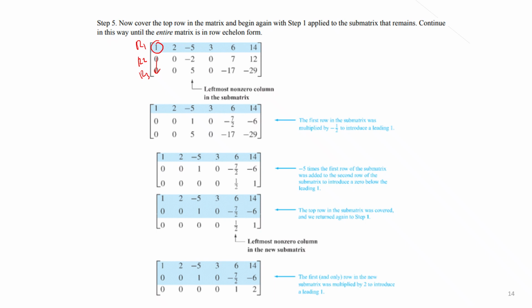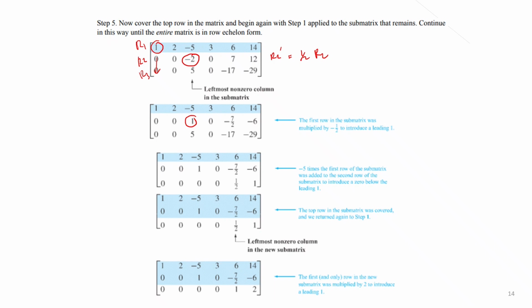Next we want to make this one become 1, so the new value of row 2 will equal half of the original row 2, and it will become this one.